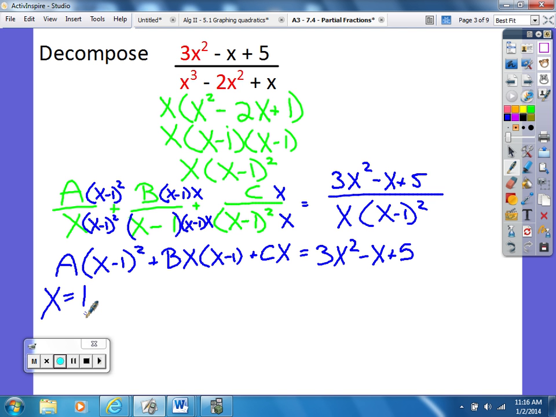If I plug in 1 here, what do you get? C. So C equals, what do I have to plug in here? What's 1 minus 1? 0 times x is, huh?